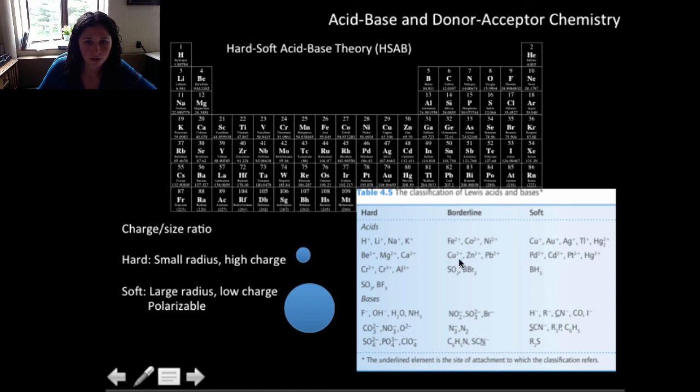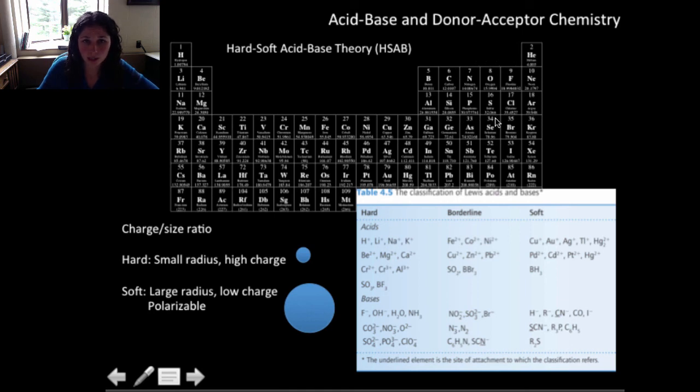So here you see copper 2+ is borderline, copper 1+ is soft. Iron is not written here, but iron 2+ is borderline, and I would classify iron 3+ as a hard acid.